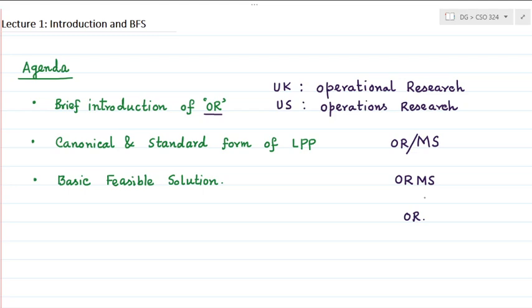All these ideas to solve decision making problems are just clubbed together, and they are given the terminology operations research.